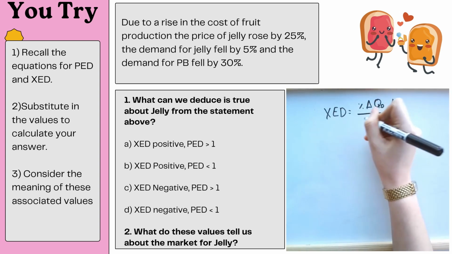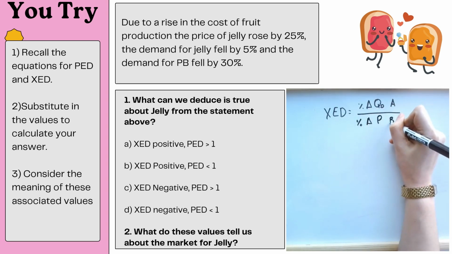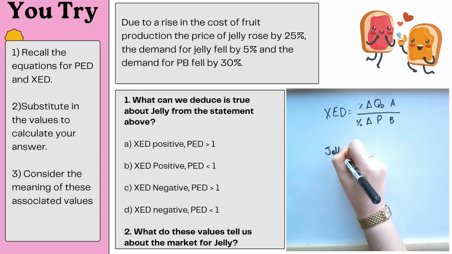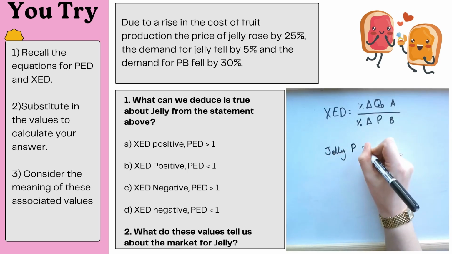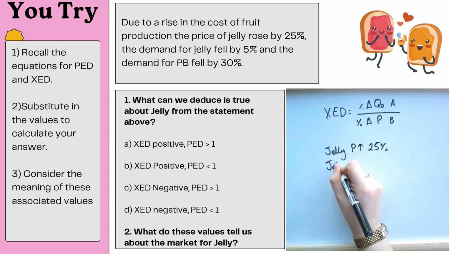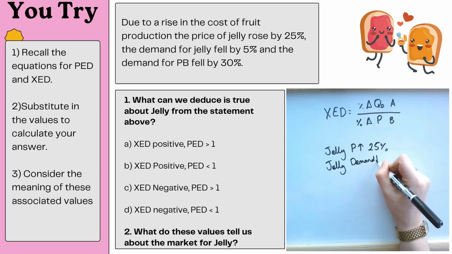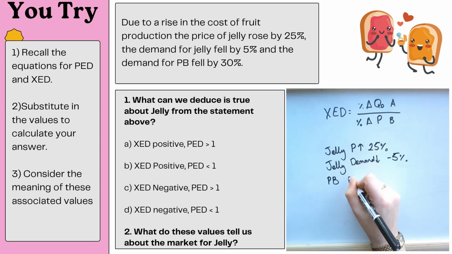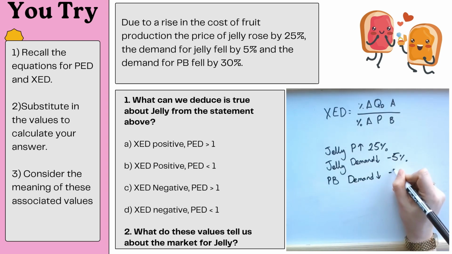So XED is the percentage change in quantity demanded of good A divided by the percentage change in price of good B. So we know that the price of jelly has risen by 25%. The demand for jelly has fallen by 5%. We would write that as negative 5. And the demand for peanut butter fell by 30%, so we'd also write that as negative 30.